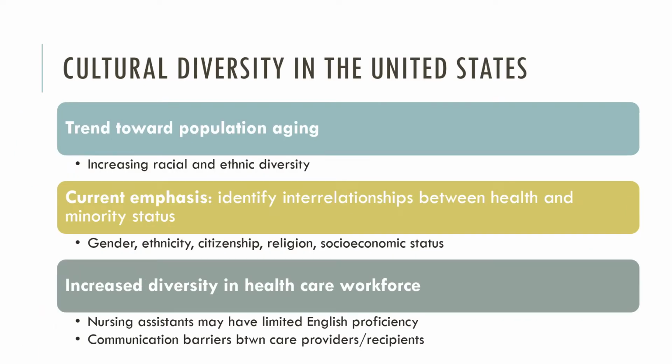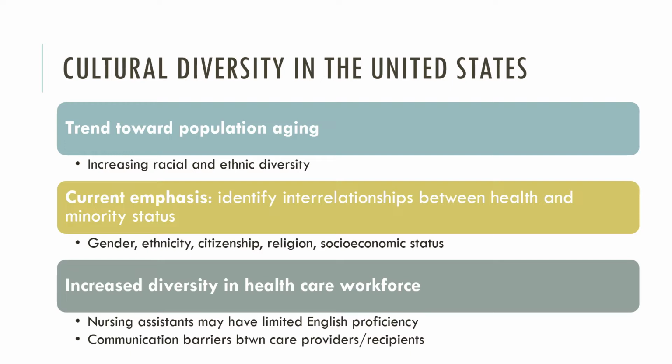So looking at cultural diversity specific to the United States, all of the countries have demographic changes, which we've talked about in the last chapter about the World Health Organization, talking about the increase in numbers of individuals around the world being 65 or older. And in the United States, there also is a trend towards population aging.